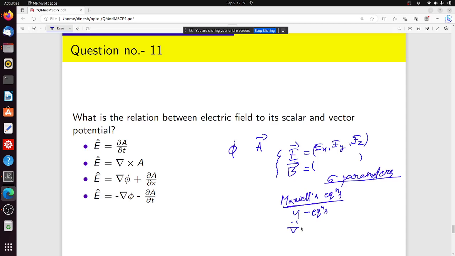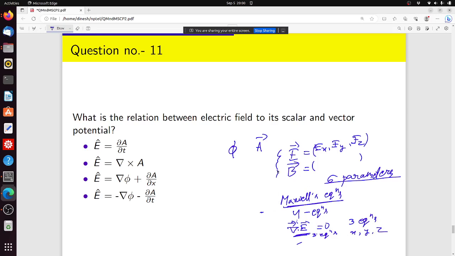Each equation, let's say divergence of E for free space is 0, is itself 3 equations, and similarly all the other equations are each 3 equations for x, y and z. Okay, so it doesn't matter.